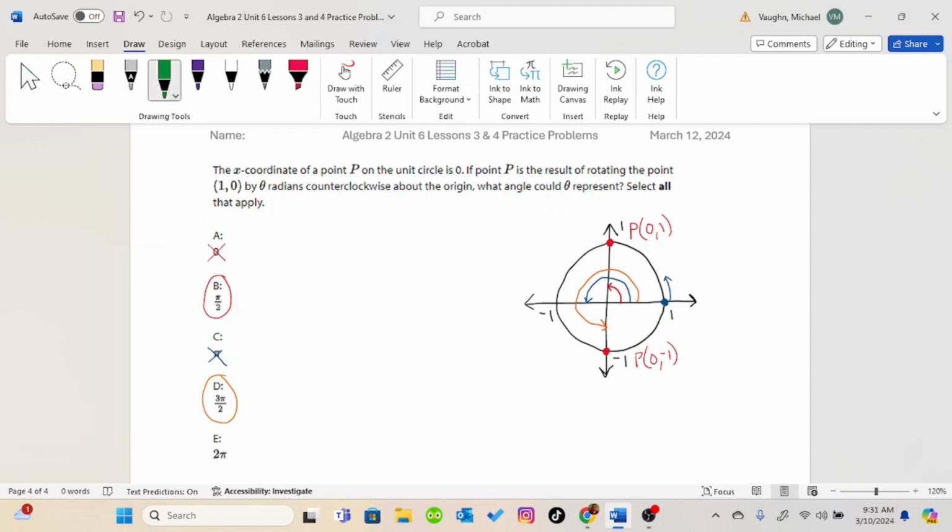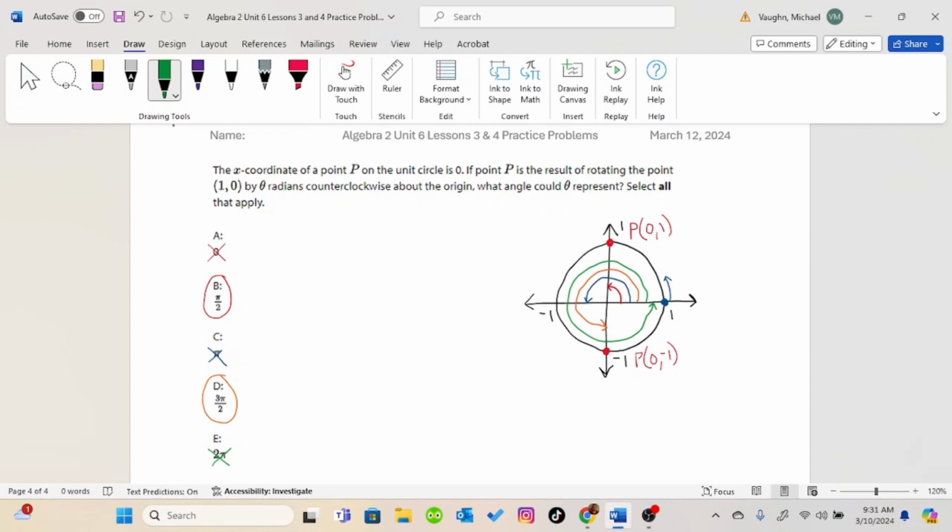And finally, choice E is 2 pi. Well, 2 pi is a full rotation of the circle, right back to where we started at the original blue point. So we're not at the top or bottom red points. So E is not correct.